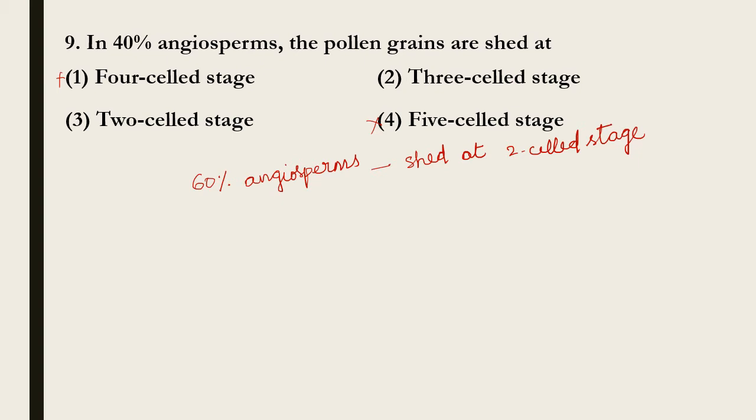So 60% of angiosperms shed at the 2 cell stage. That means the remaining percent is 40%.